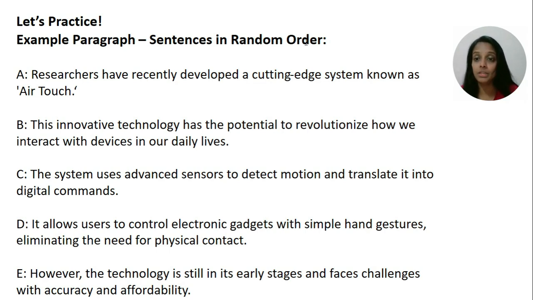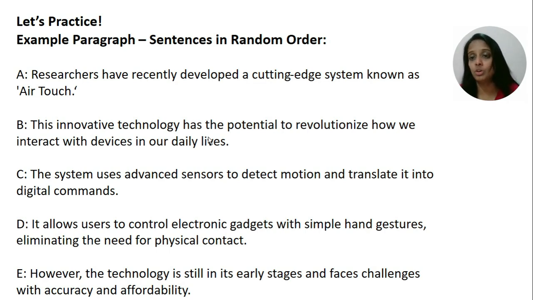The next step is you need to look for which sentence is adding broader context or which sentence tells about the consequences. If you look here, sentence B talks about the potential impact of the technology, right? The innovative technology has the potential to revolutionize how we interact with devices in our daily lives.